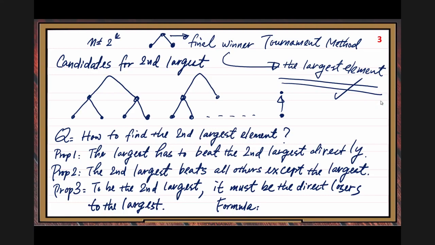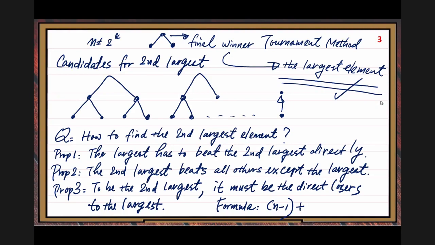And we know the minimum number to get the largest is n minus 1. Then the second part, we need to find the second largest. We need to look at the candidates beaten by the largest element directly.